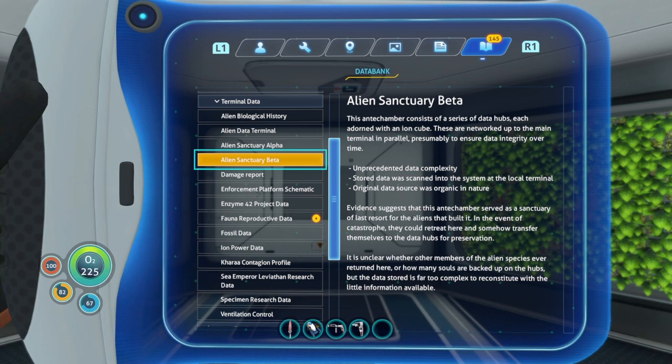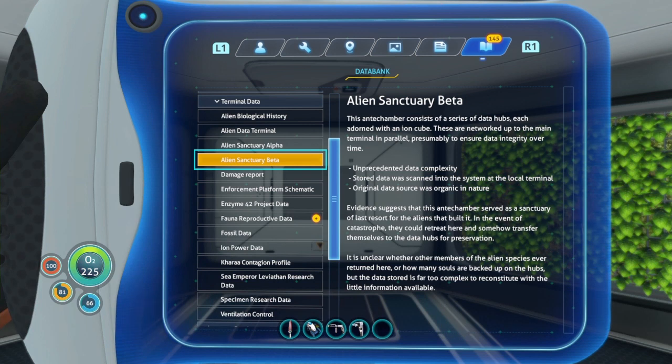Alien Sanctuary Beta. This Antec chamber consists of a series of data hubs adorned with an odd cube.